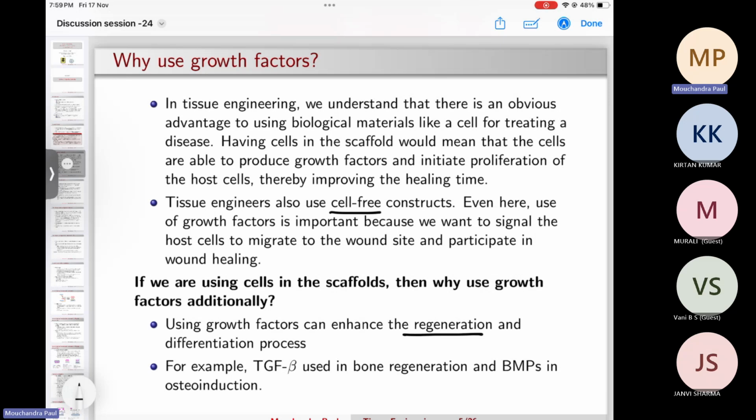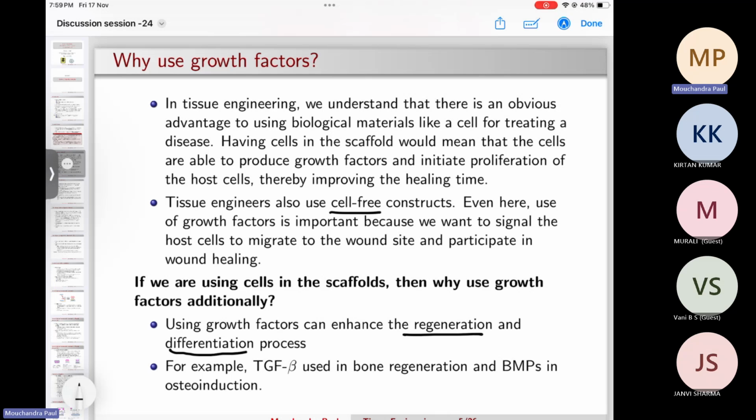Then we can also use these growth factors for differentiation purposes. Mesenchymal stem cells, you have obviously heard, I have discussed this with you. If you want to direct them to become osteoblasts, that is bone cells, or osteocytes, then growth factors like BMP, etc., are incorporated within the scaffold.